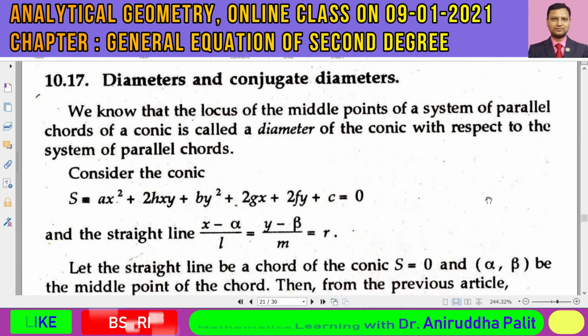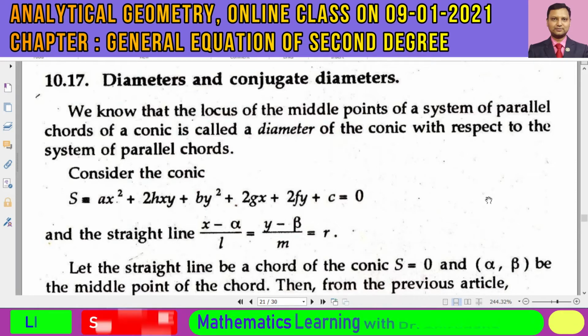We know that diameter is generally defined in case of a circle. That is the general convention we have studied in mathematics up to school level. But now we can extend this idea of diameter to other curves as well.